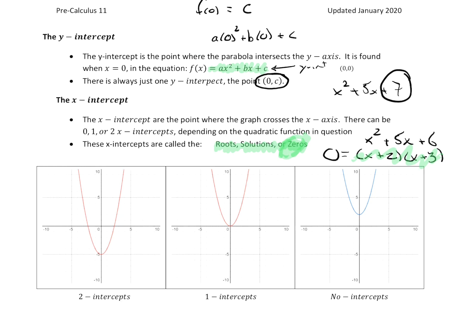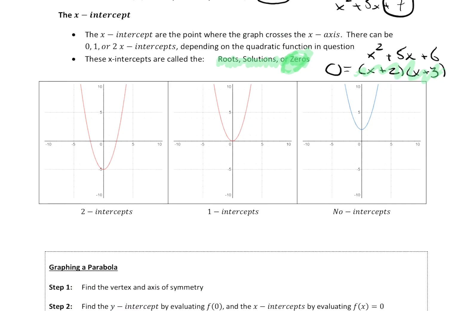Now the thing is we have 3 different scenarios. If you have a quadratic that crosses through the x-axis, you're going to have 2 solutions, because it goes through, reaches its vertex, and goes back up. If it sits right on the x-axis, we only have one x-intercept. And if it doesn't go through the x-axis, if it's just a V positioned with a vertex above the x-axis, then there are no roots.